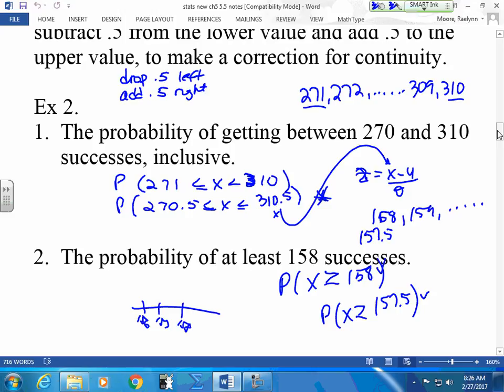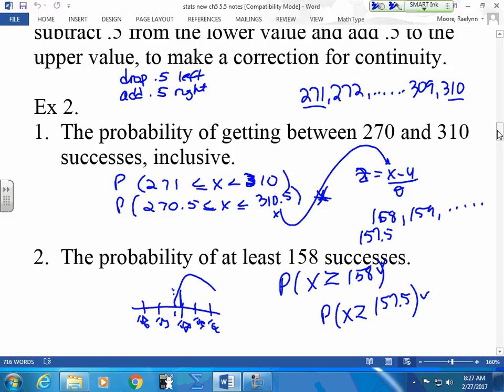If I start here at 158, I'm only getting these guys. 159, 160. I don't have any bars in between them. So to make this, I drop this one right here, and now I can make my normal curve. And you only have to do your endpoints. Obviously not individual points. But you only have to do your endpoints.